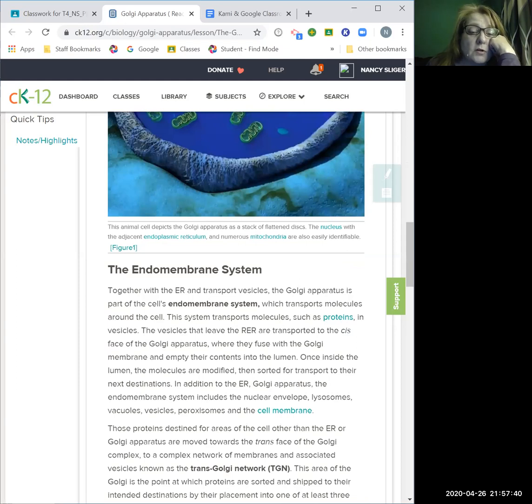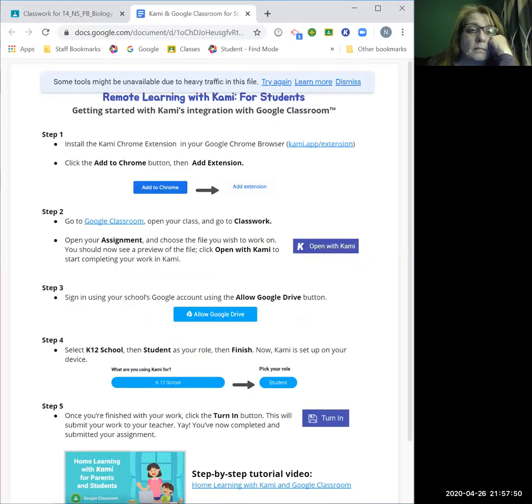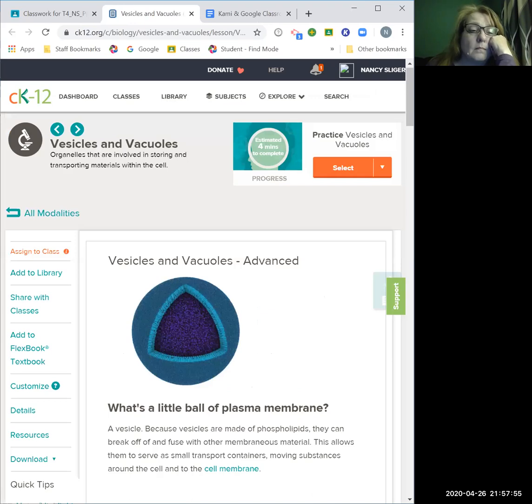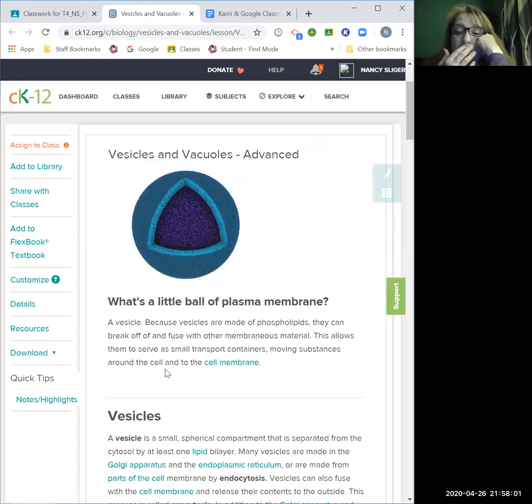Then the next structures are called vesicles or vacuoles. And vesicles and vacuoles are transport containers. They help to move substances around inside the cell.